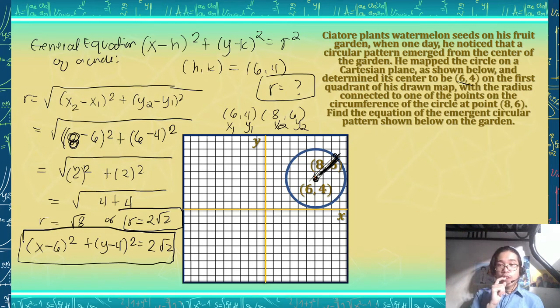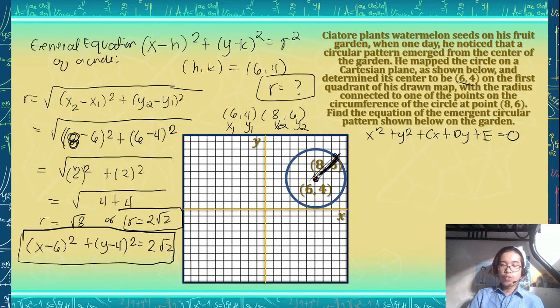But let's say we also want to find the standard equation. The standard equation is given by the pattern x² + y² + cx + dy + e = 0.